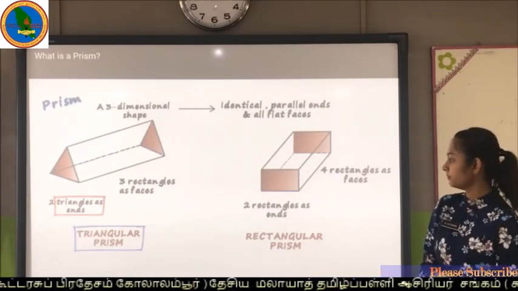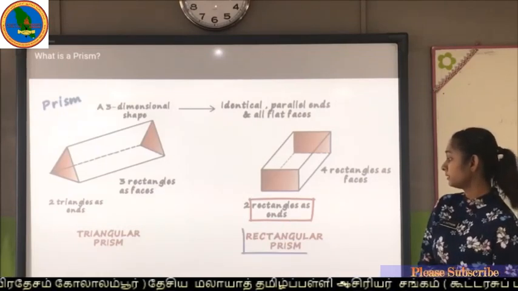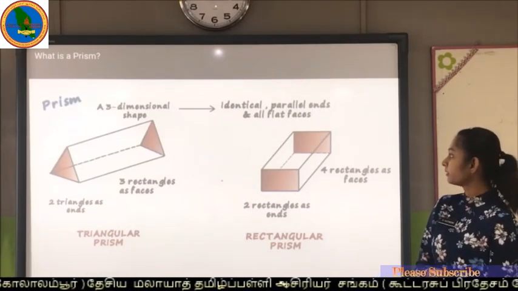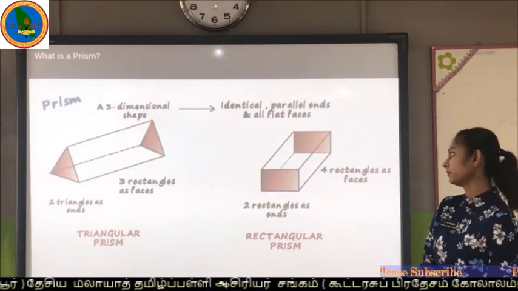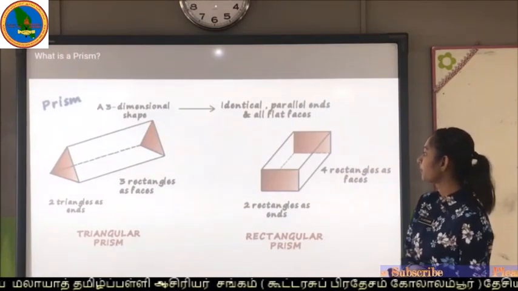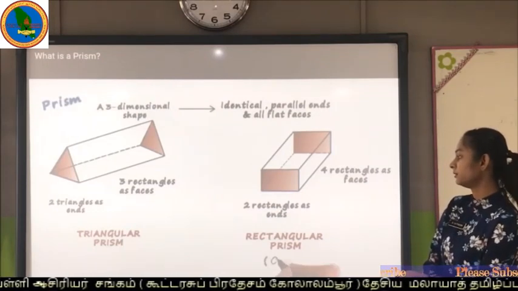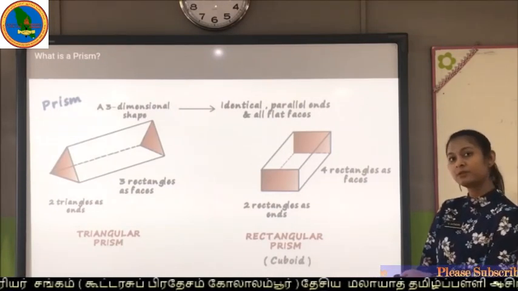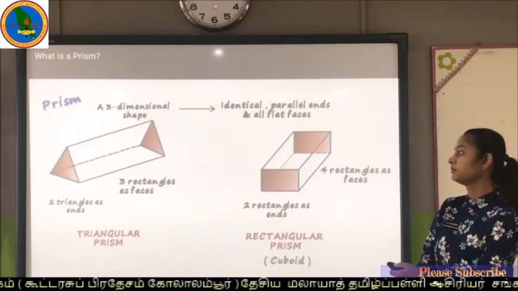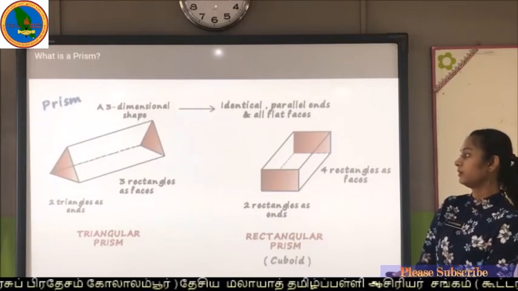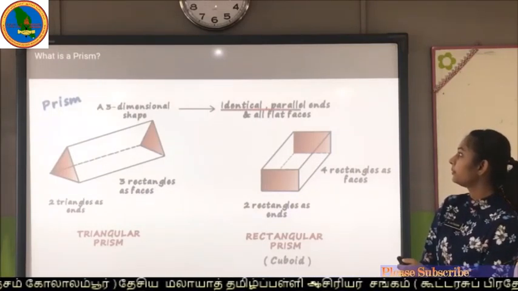Triangle as its ends, triangular prism. Rectangles as its ends, rectangular prism. Look at the rectangular prism. Does this remind you of another shape? Yes, a rectangular prism is also a cuboid. Now remember the definition. They have parallel ends, identical, and all flat surfaces.